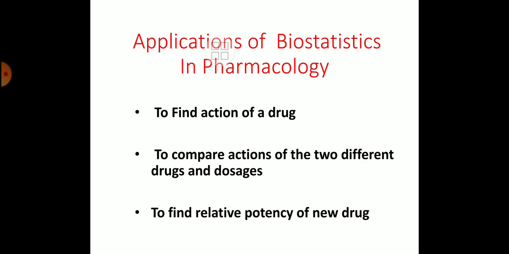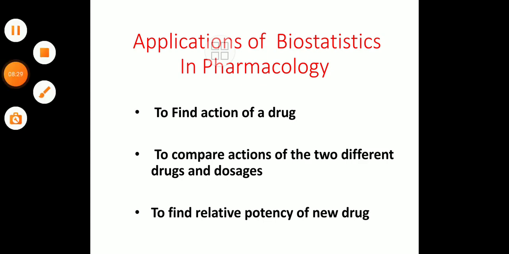The potency of that new drug, how much potency it has, can be found out by using these biostatistical techniques. So in applications of biostatistics in pharmacology, there is finding out the action of a drug, comparing the action of two different drugs and their dosage, and finding the relative potency of new drugs.